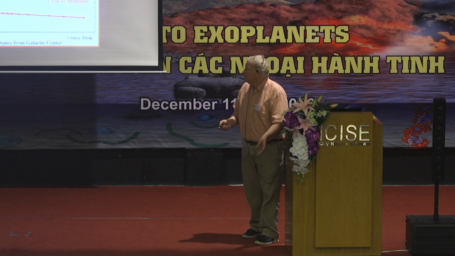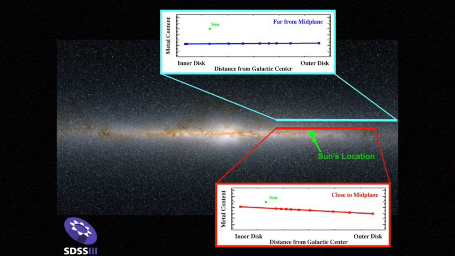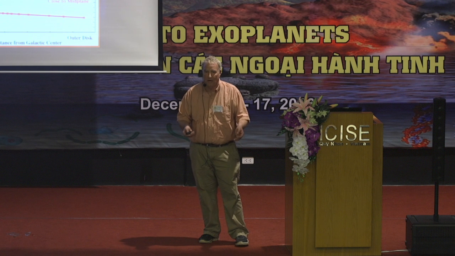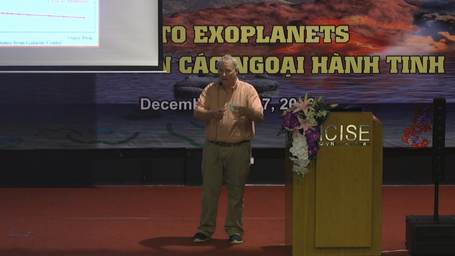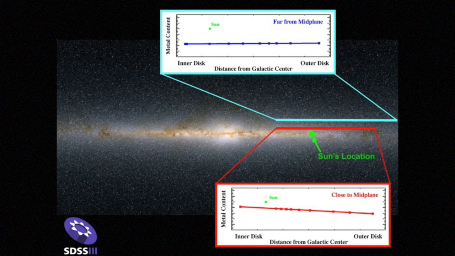If we look at this schematic, which shows our galaxy and the sun's location, the metal content far from the midplane, the sun, it's hard to see here, but the sun has significantly more metallicity than the stars far from the midplane of the galaxy at all galactic-centric distances. So I think that this is a concept that should be added to the concept of the galactic habitable zone, because it's not only the stars and the galactic-centric distance, but how far away from the plane they are.